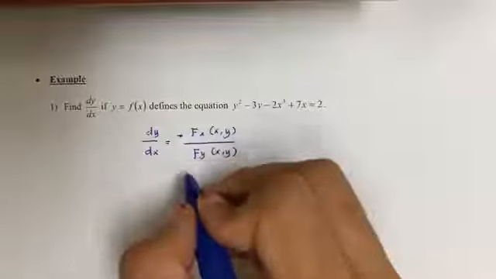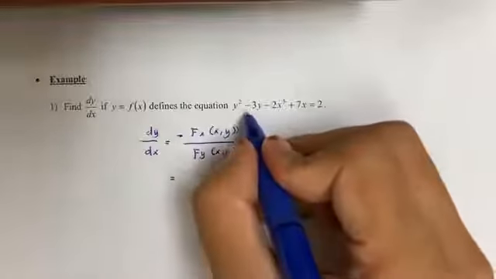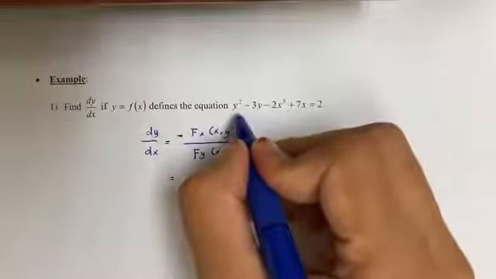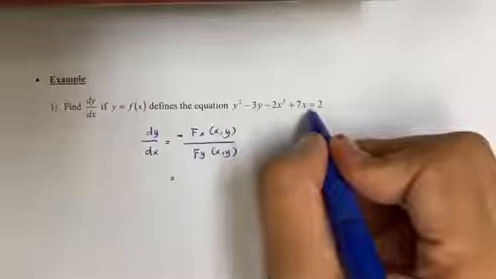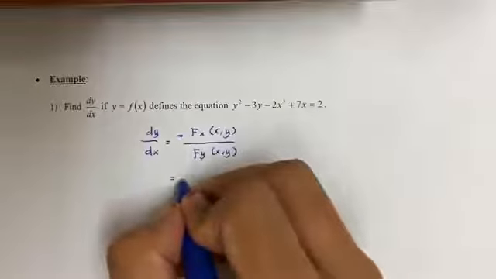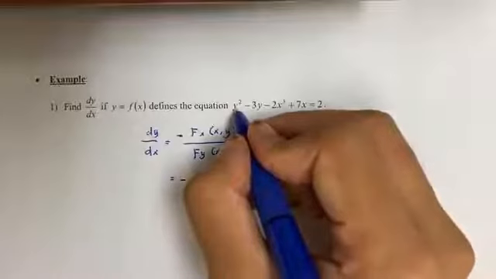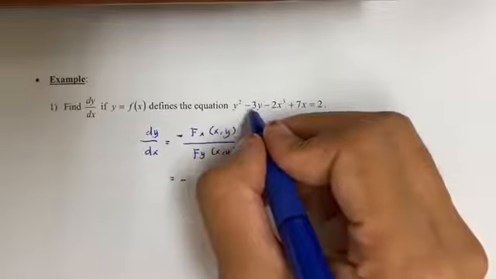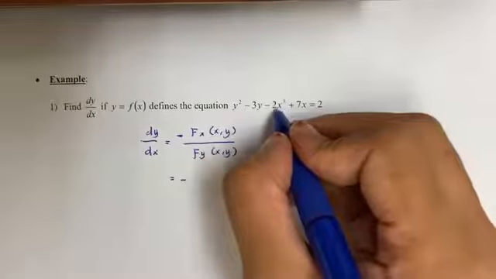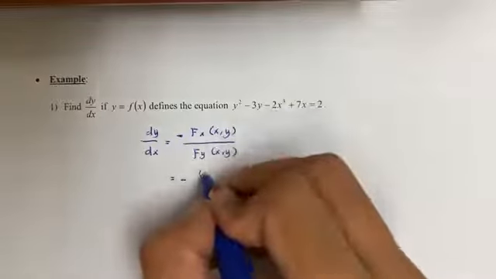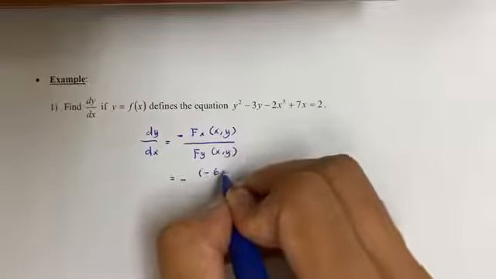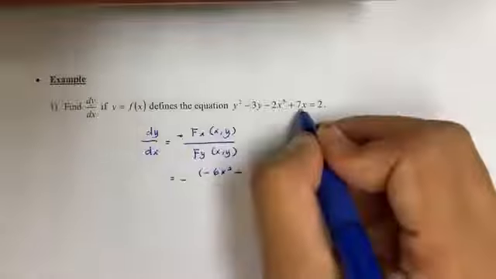So this is equal to, from here, differentiate with respect to x first. So you have the minus sign here. With respect to x, you have 0 here, 0 here, and then for this one you have minus 6x squared plus 7.